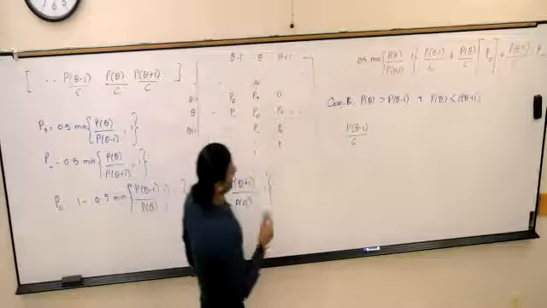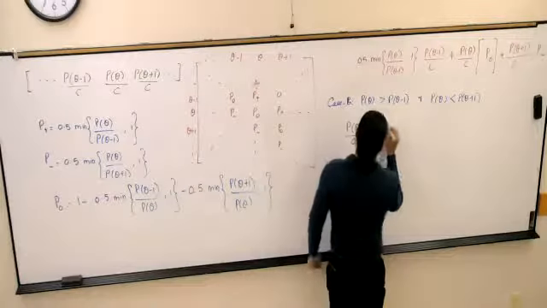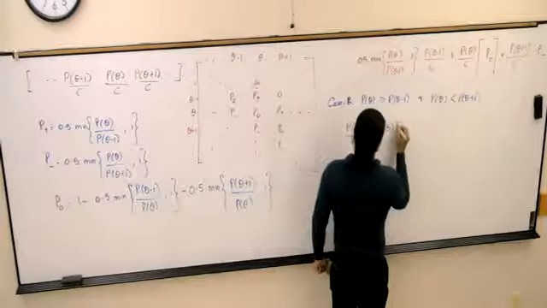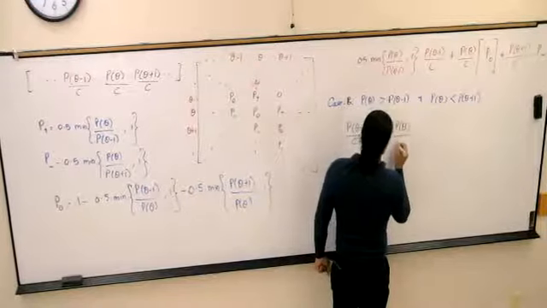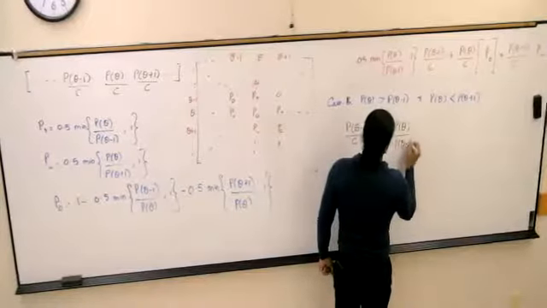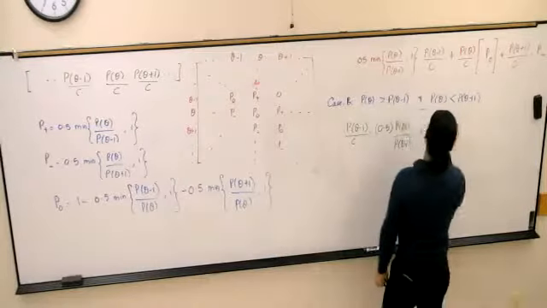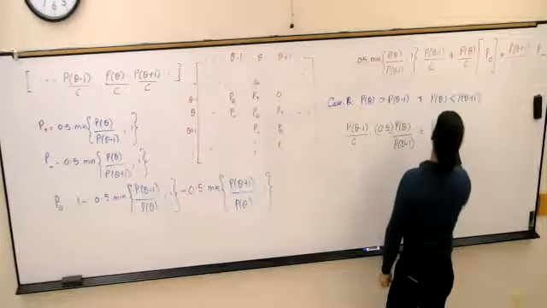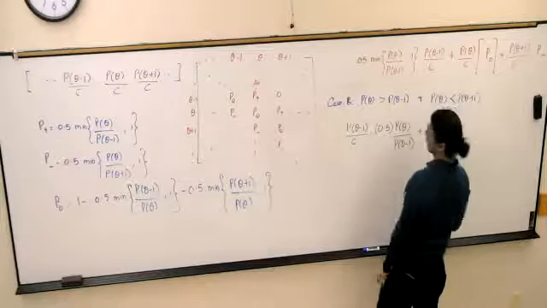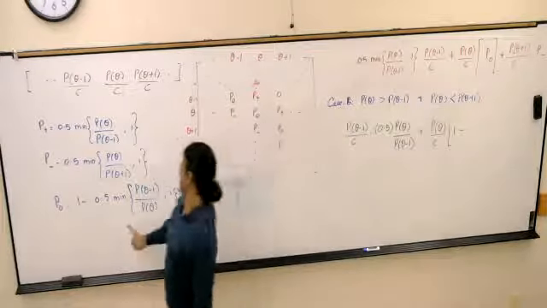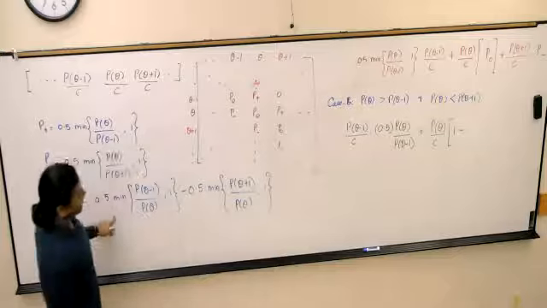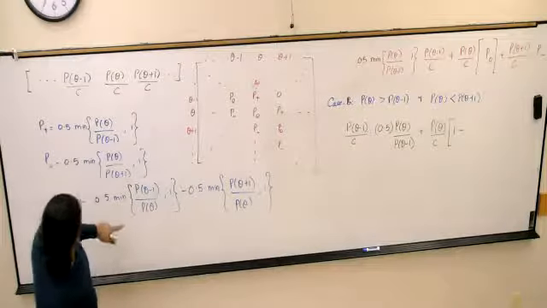So that would be 0.5 P of theta over P of theta minus 1 plus P of theta over C, 1 minus. Theta is bigger than theta minus 1, so wouldn't that just be 0.5?